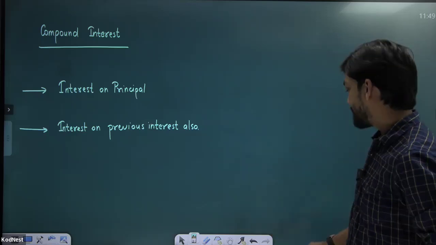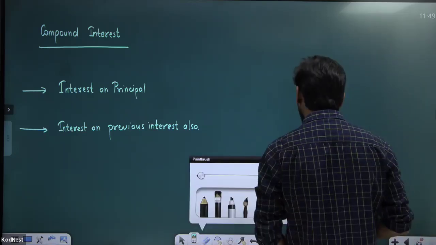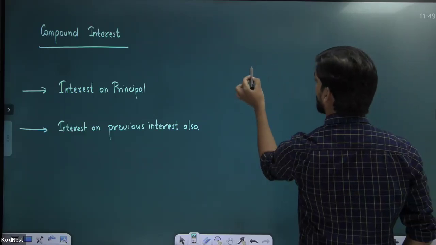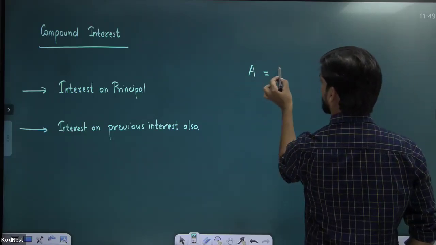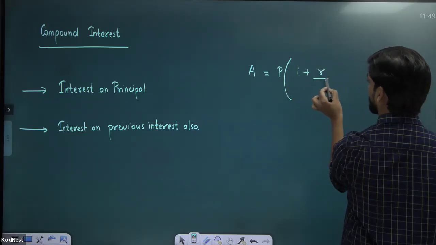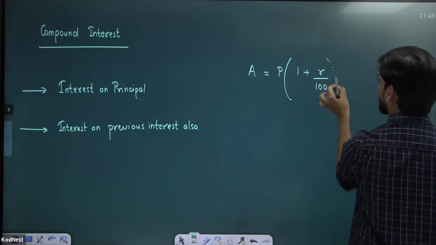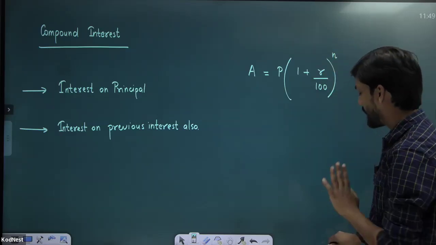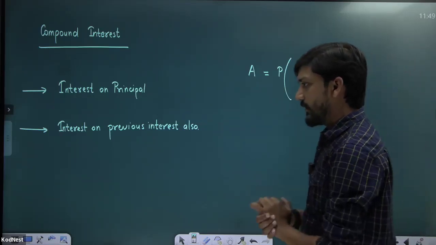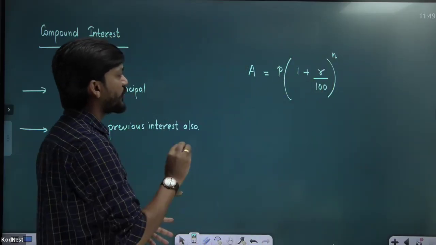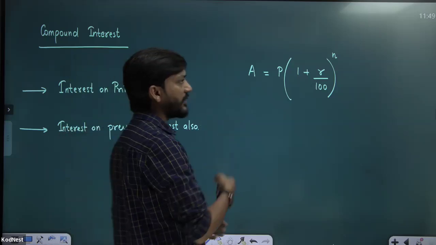Okay. Now, if I tell you the formula is this way. This is how the formula is. Carefully see. If you carefully observe the formula, there is nowhere I have written the value t.